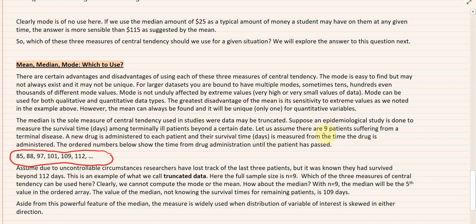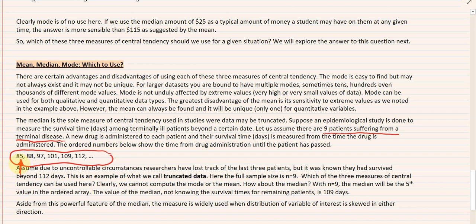Suppose I have 9 patients suffering from a terminal disease, and I'm tracking these 9 patients. The first patient lived for 85 days beyond, let's say, initial treatment.